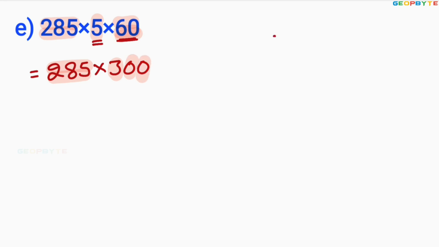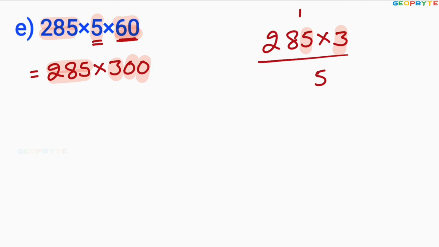Let us do that part. 285 multiplied by 3, 3 5s are 15, 1 5, 3 8s are 24, 24 plus 1 is 25, 5 here to carry forward, 3 2s are 6 plus 2 is 8.